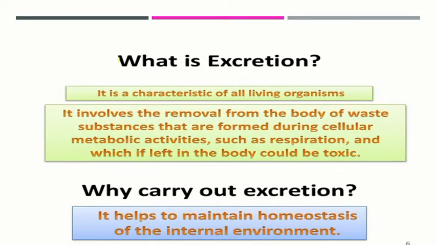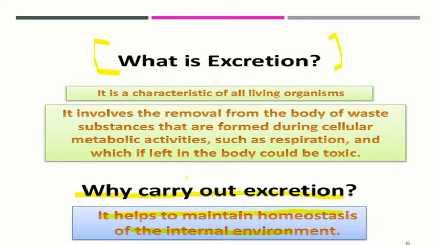Now first of all, to learn about the kidney, one should know what excretion is. You have already seen the definition of excretion in the NCERT. Now the question comes, why do we need the process of excretion? Because it helps to maintain homeostasis of the internal environment. Homeostasis means to remain steady and constant in all temperatures.